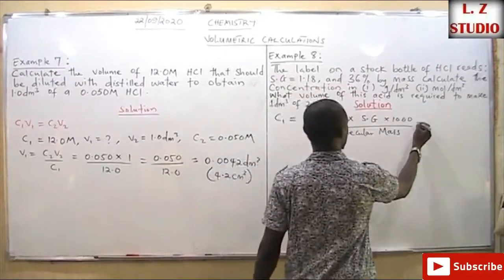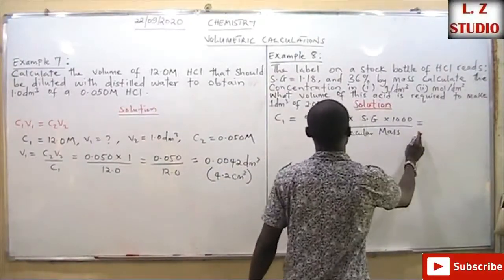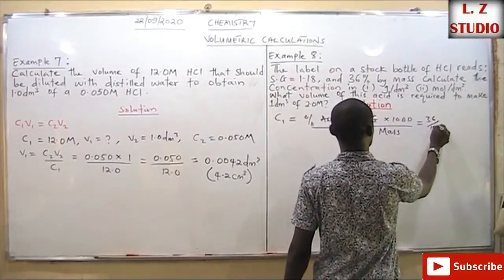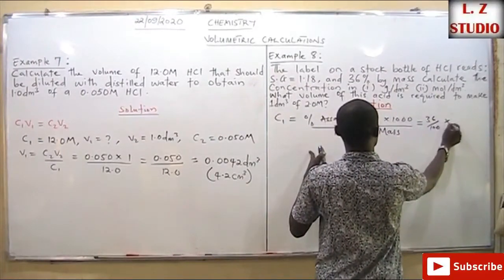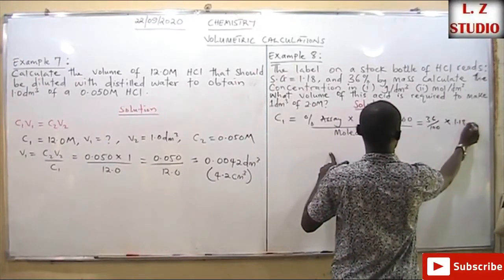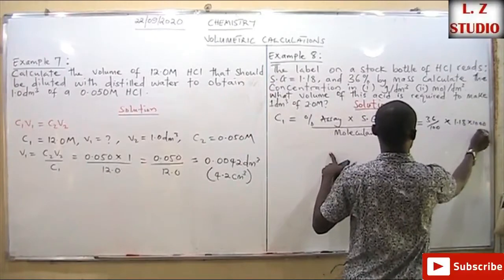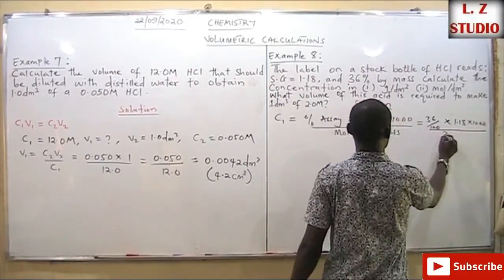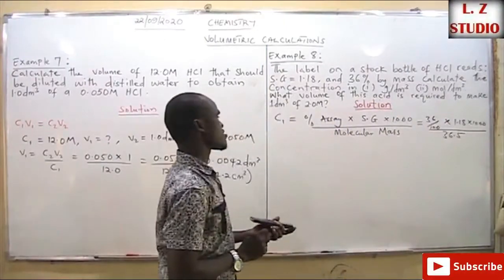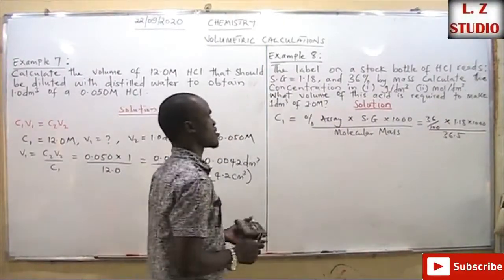In this case, we are going to have 36%, which is 36 divided by 100, times our specific gravity, which is 1.18, times 1000. We divide everything by 36.5, which is the molecular mass of hydrochloric acid.